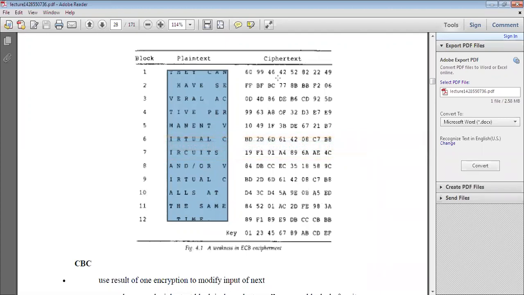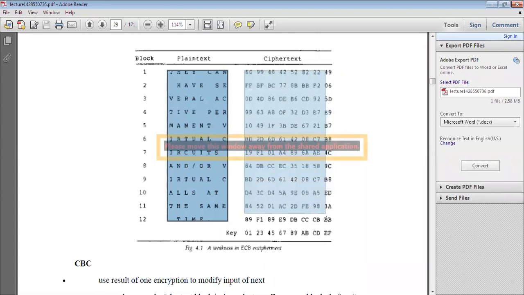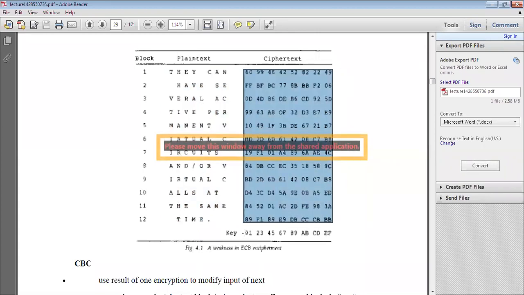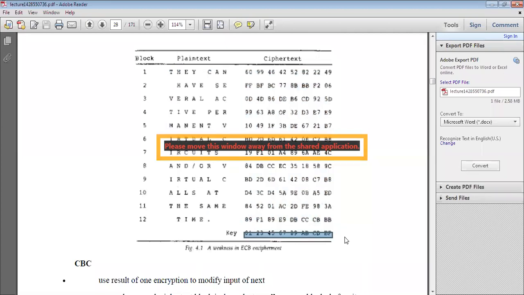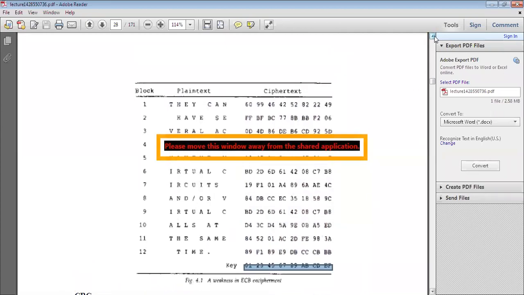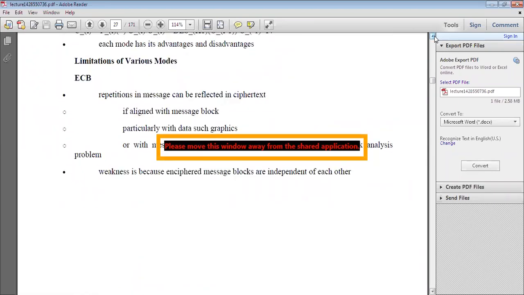While converting into blocks, you get this ciphertext along with the key. So the main problem whenever you are using ECB is that repetition in messages can be reflected in ciphertext.